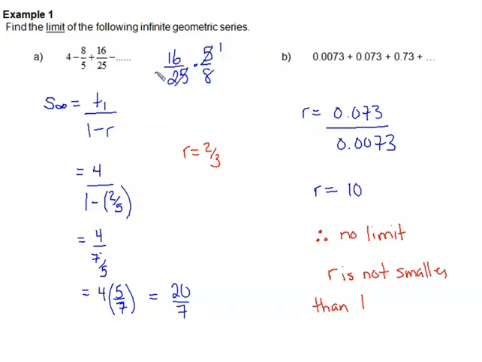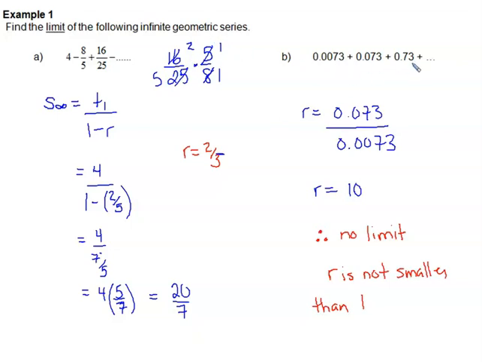That becomes a 1, that becomes a 5, that becomes a 1, that becomes a 2. So we end up with 2 over 5. So 1 minus 2 over 5, so we have 4 divided by 7 over 5. So I'm multiplying by the inverse, so 20 over 7 would be the limit, the sum that would be the limit for that series.